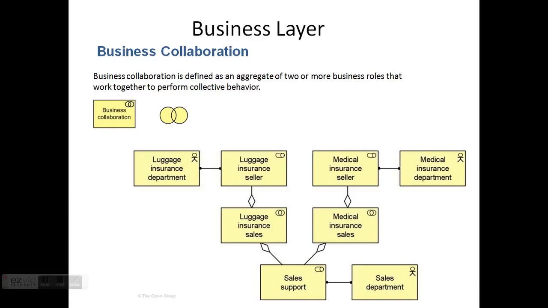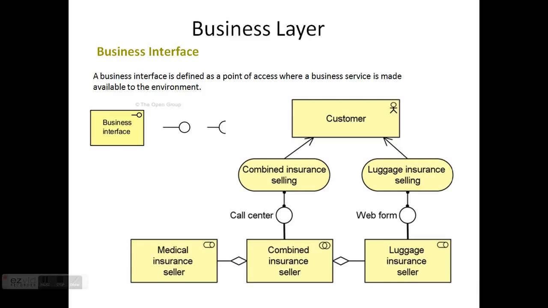Business interactions are used to describe the internal behavior that takes place within the business collaboration. Next is the business interface. A business interface exposes the functionality of a business service to other business roles. Basically, it provides an interface or expects functionality from other business services, like a required interface.